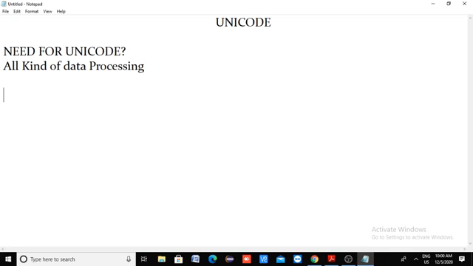For that reason the developers and researchers developed a computer system, that is called UNICODE, that can support local languages.